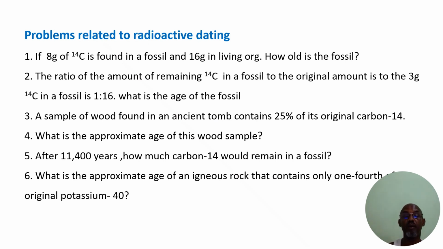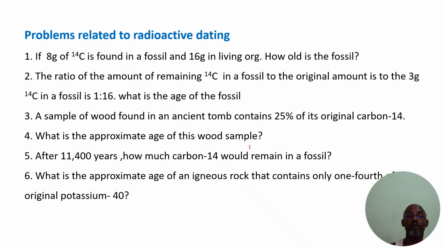The ratio of the amount of remaining carbon in a fossil to the original amount is 1 to 16. That means, of course, there is a mistake in this problem. I'll come to the ratio.